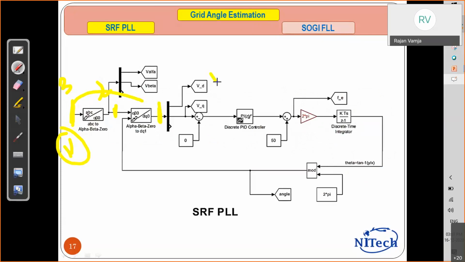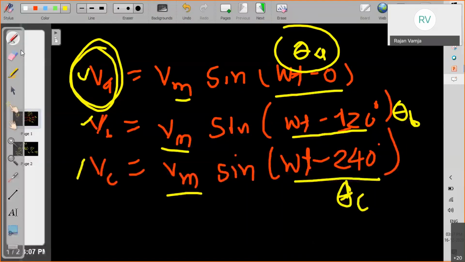One is VD, and VQ. This is nothing but your theta DQ. This theta DQ is containing the information omega t, that is nothing but omega 1t, that I have explained already in the second slide.